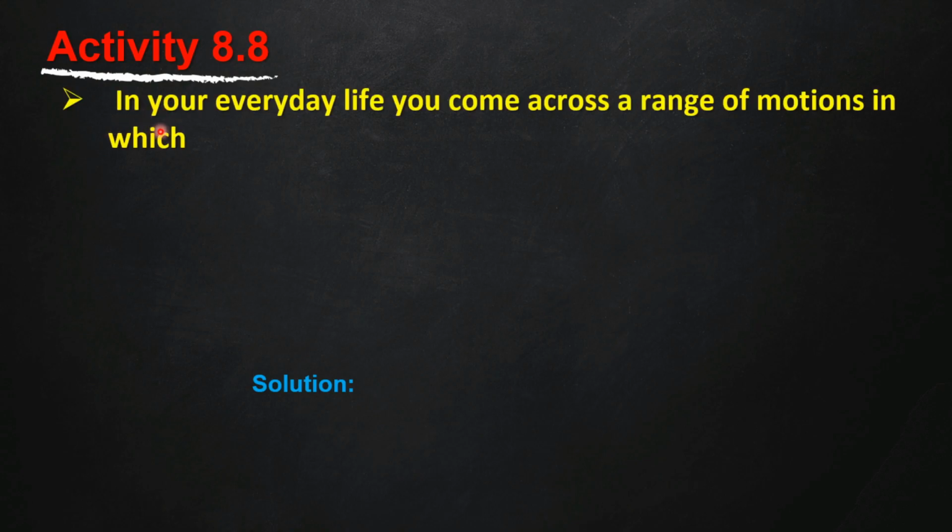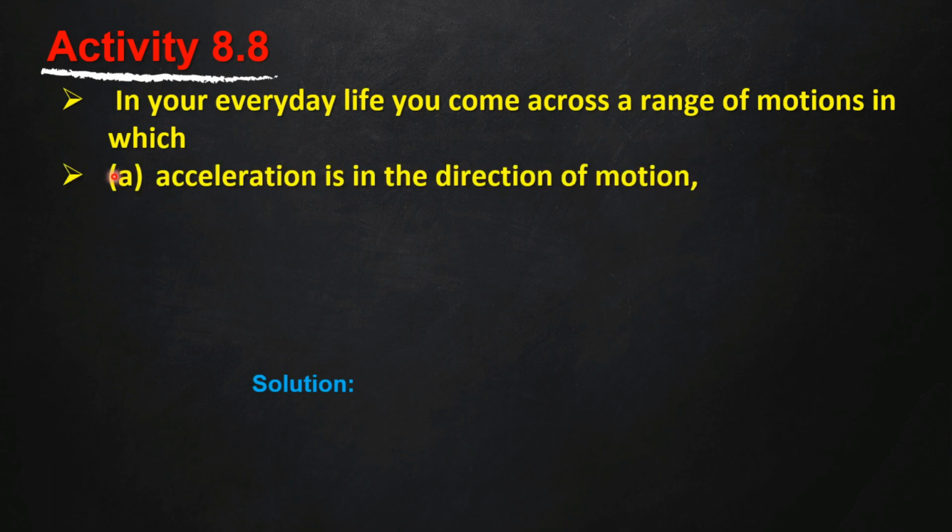Activity 8.8. In your everyday life, you come across a range of motion in which, number first, acceleration is in the direction of motion. So from your everyday life, you have to tell that the acceleration is in the direction of motion. So the solution is the object is speeding up.